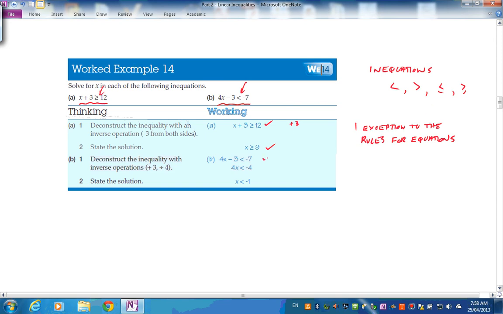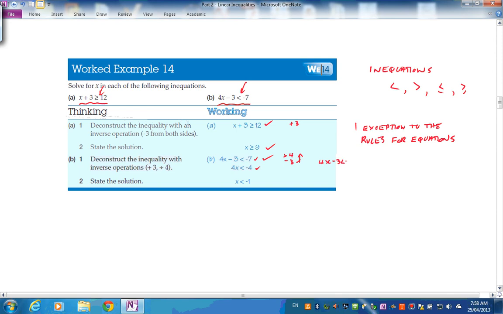Okay, let's look at the second one. 4x take 3 is less than negative 7. What's been done to x? It's been multiplied by 4, and 3's been taken away. And you've got less than negative 7. So 4x must have been, adding 3, negative 7 plus 3 is negative 4. You could put a working step in there.